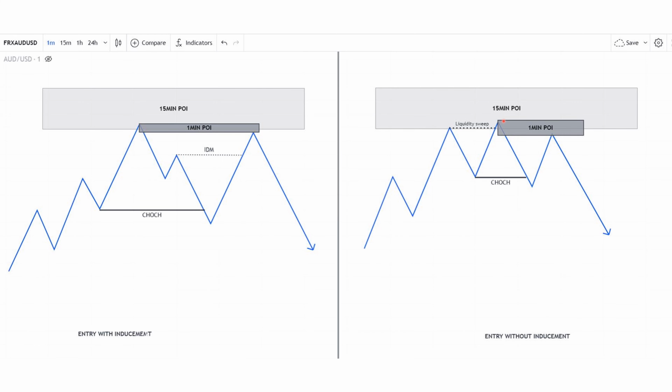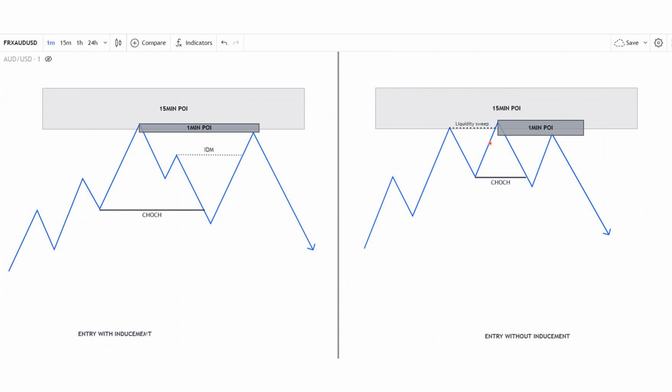You just need one candle on the lower time frame to take out this previous candle's high just by a wick, and then the body should close within this range.